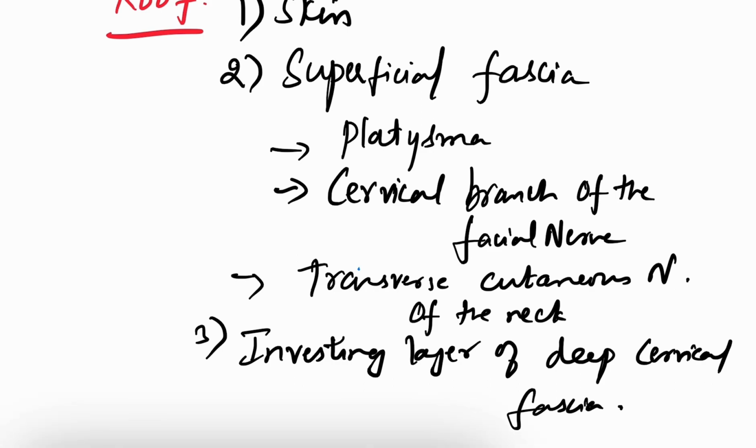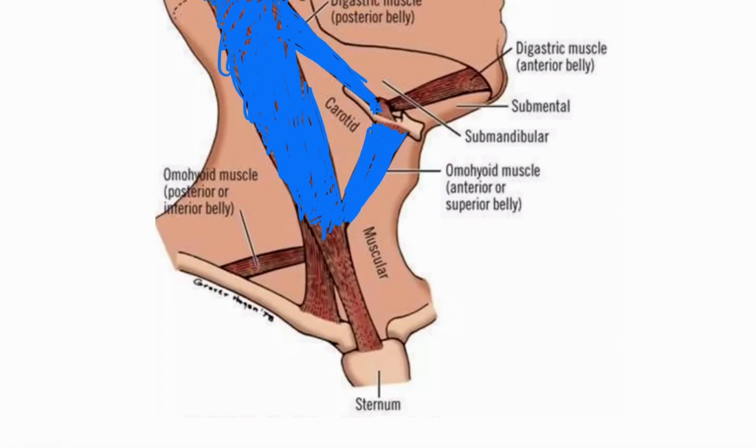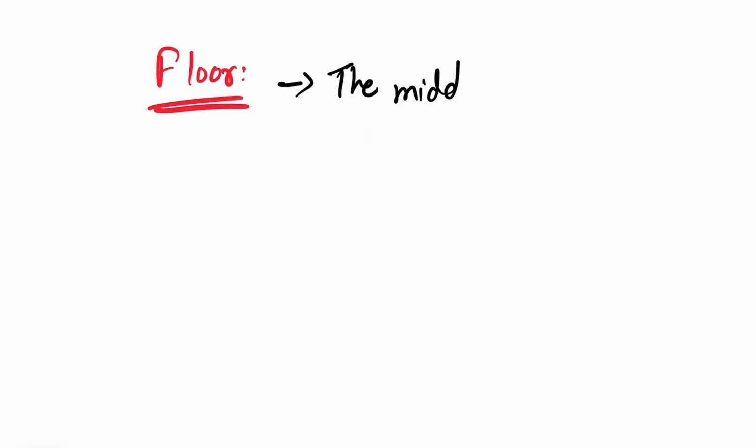Okay, now let us discuss the structures which form the floor of the carotid triangle. Basically they are formed by muscles. Which muscles form the floor? Basically they are the middle constrictor of the pharynx. In the floor we can see the middle constrictor of the pharynx.